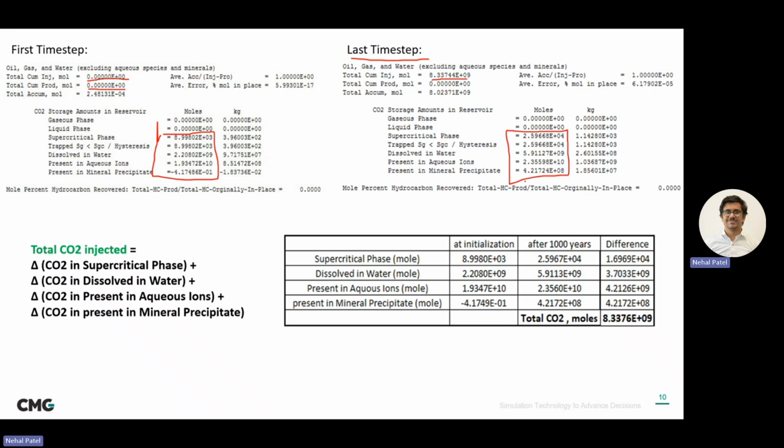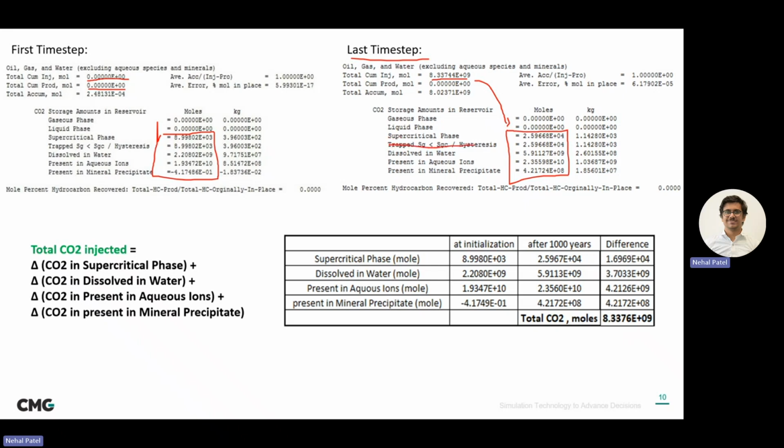A common question we get from a lot of clients is, when they want to double check their cumulative injected CO2 and how it's stored, they try to compare this value with the summation of this table. Here we need to consider two things. First, CO2 trapped, or CO2 due to hysteresis, is already being considered in CO2 in the supercritical phase.